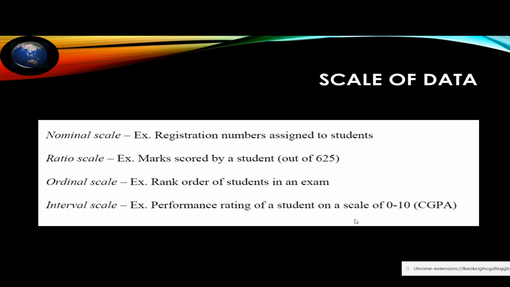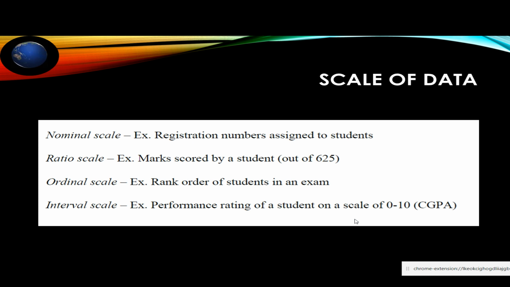Now one more thing: nominal scale, ratio scale, ordinal scale, interval scale. Nominal scale is like the number of students, numerically, like 1, 2, 3, 4, we assign to this feature. Ratio scale, like sir showed how marks scored by a student out of a total, in terms of ratio: this student got 200 marks, this student got 400 or 420.